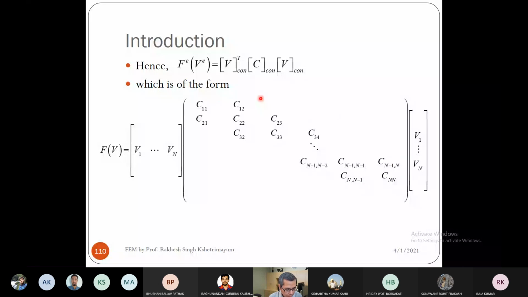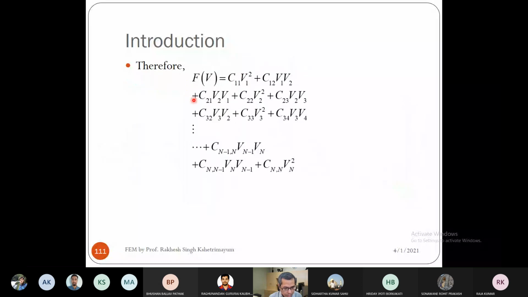Basically, what we have derived was for the global coefficient matrix. So let's say there are n nodes, then this B matrix will have B1, B2 up to Bn. B transpose would be a row of the form B1, B2 up to capital N. And this connection matrix will have a general form like this, a tri-diagonal matrix.